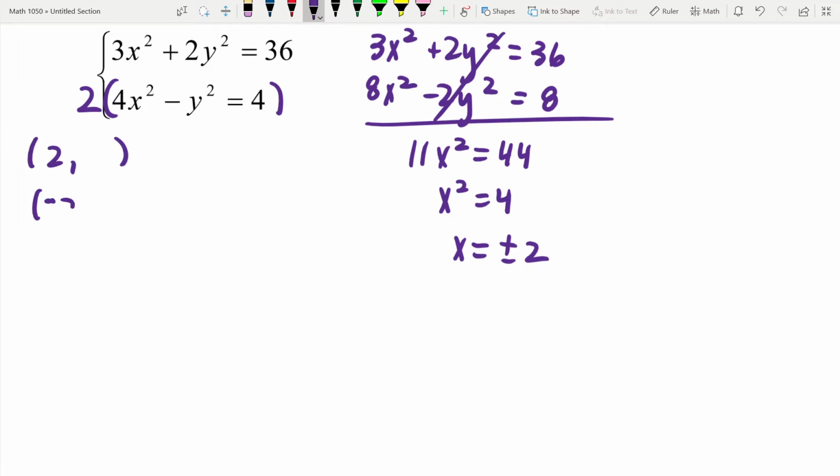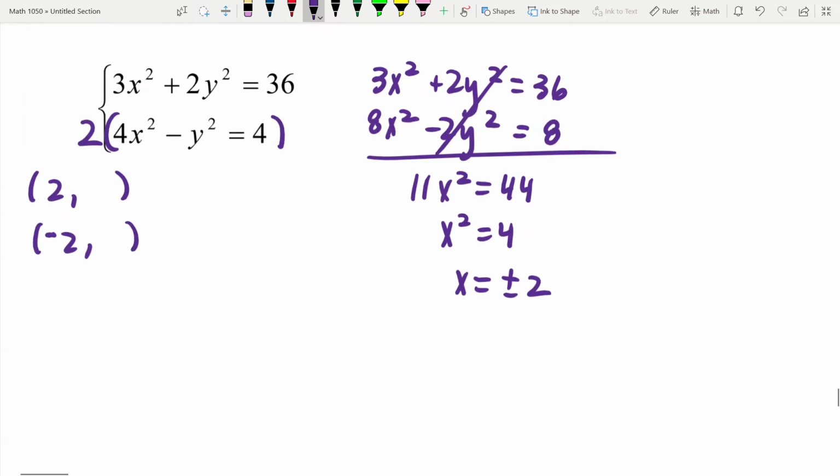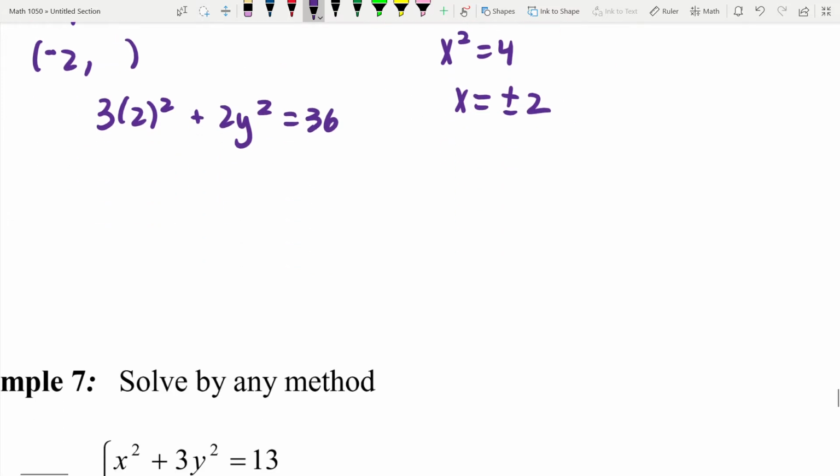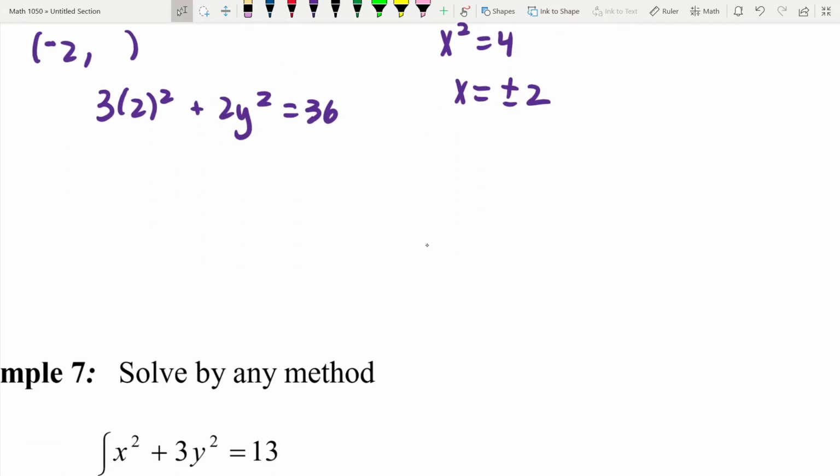Okay, let's do 2 and negative 2. Which one would you choose to plug in? Would you choose the top one or the bottom one? I think I would choose the top. I don't like those negatives, so I'm going with the top. I'm going to put in a 2 for x. So that's 3 times 2 squared plus 2y squared equals 36. 2 to the second is a 4. 4 times 3 is 12.